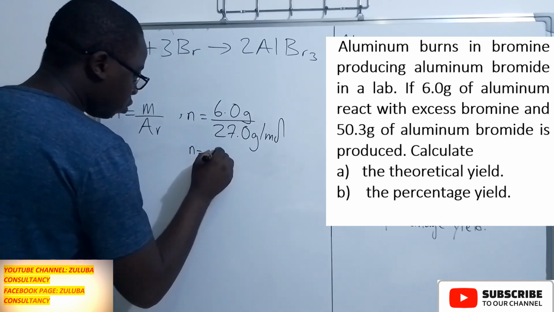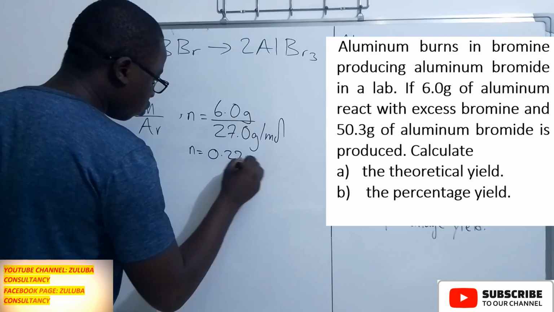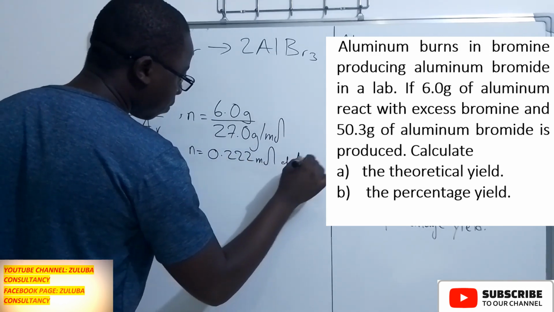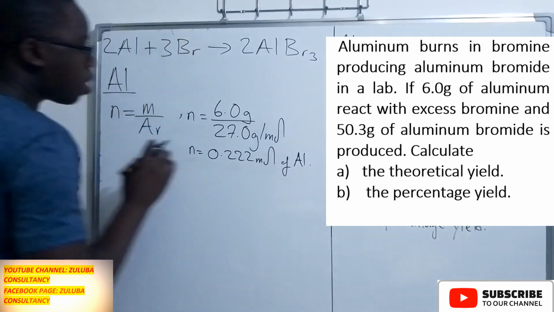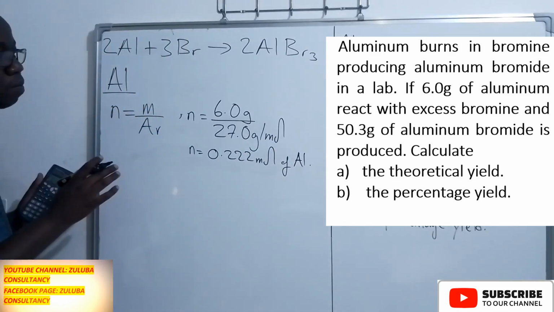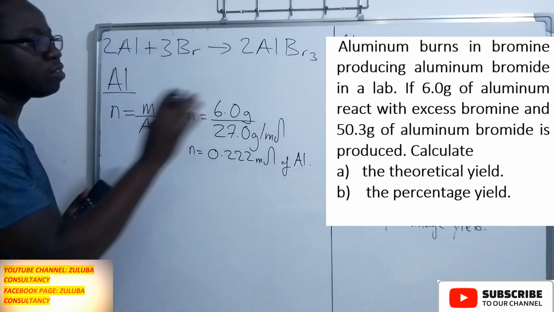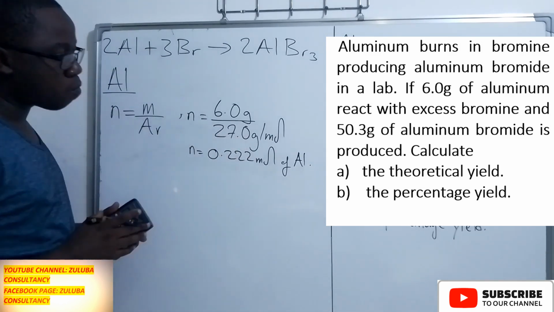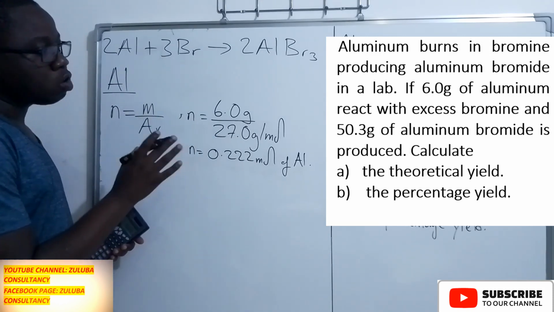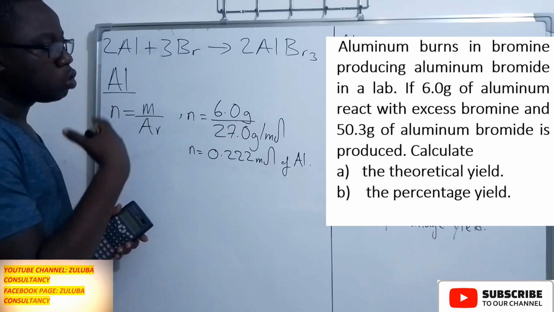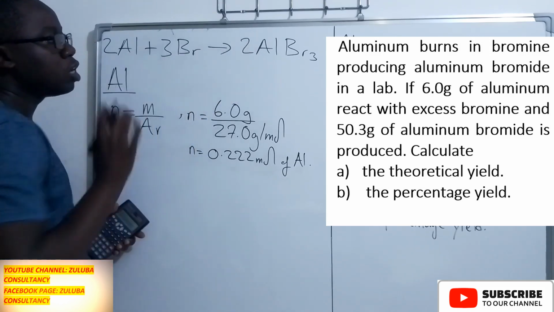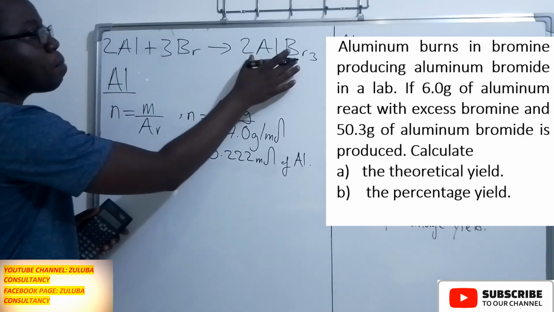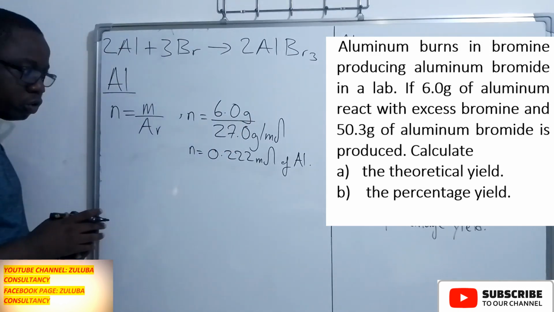It gives us 0.222 moles of aluminium. So these are the number of moles of aluminium that are available as this reaction is taking place. After knowing this, we can use the mole ratio from the equation to know how many moles of aluminium bromide can be produced.